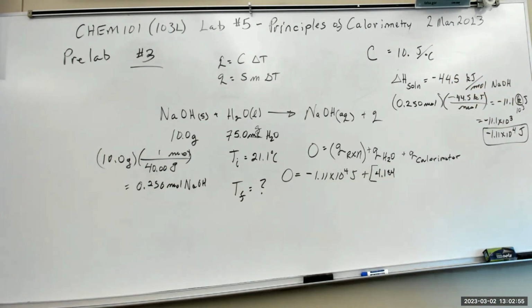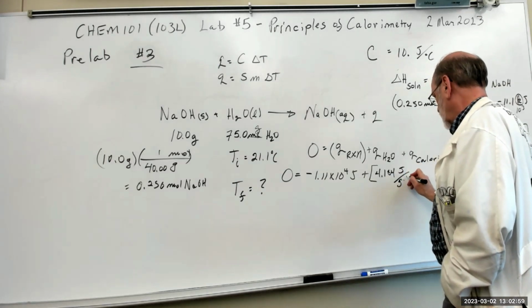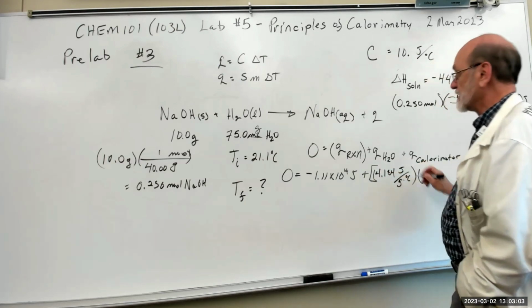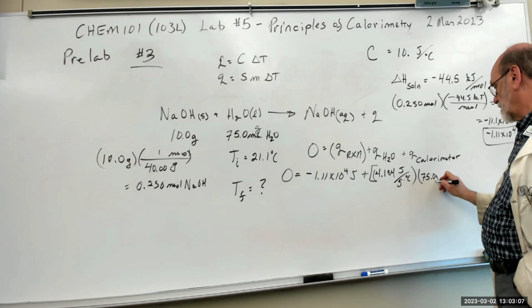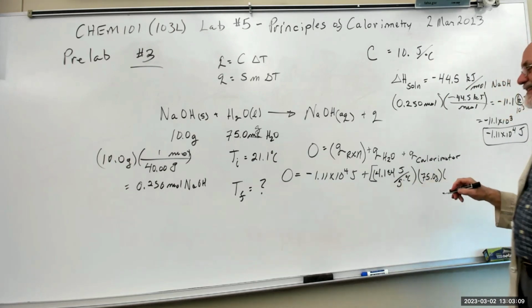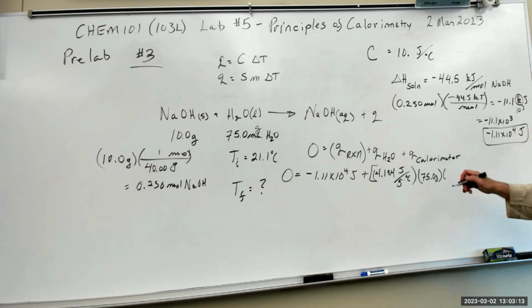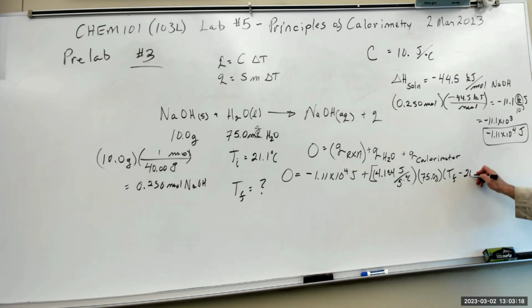Check this out. Yeah, joules per gram degree C. And that is times the mass, which is 75 grams. And then times delta T. Delta T is final minus initial. We don't know what final is, but we do know what initial is, 21.1. Okay, that's the second term.